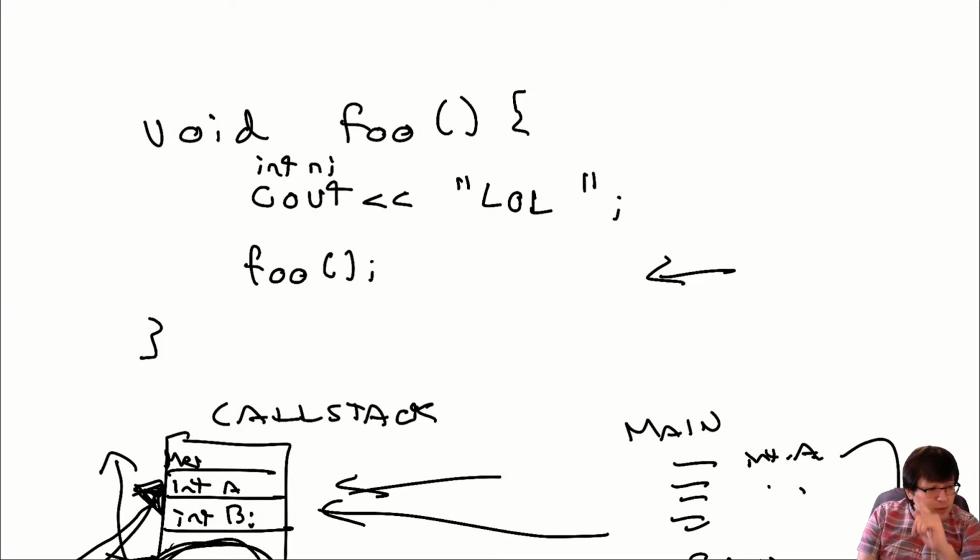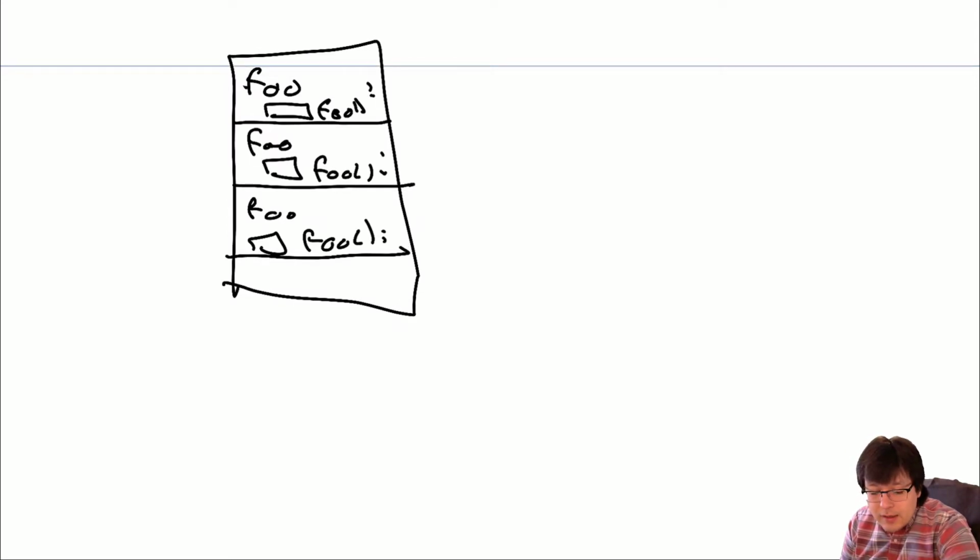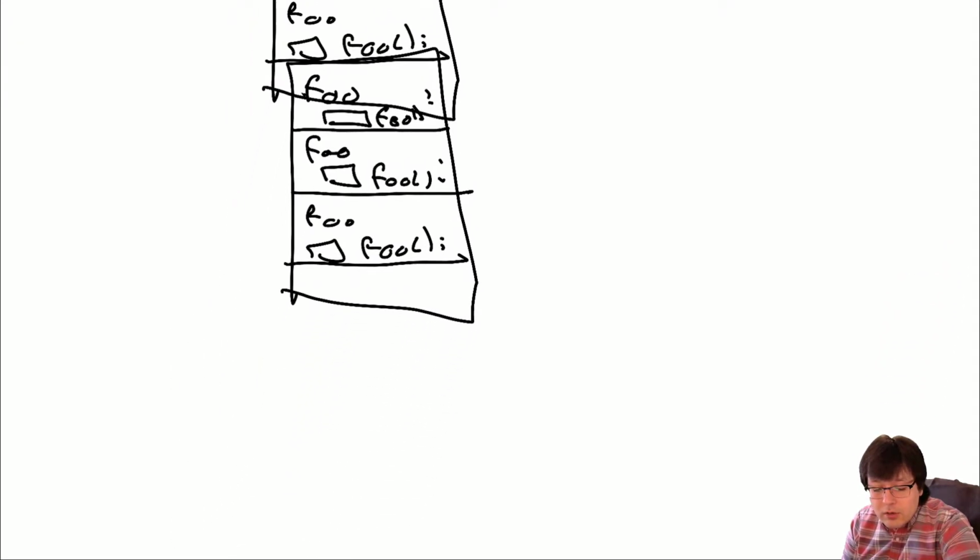But even without that, there's a little bit of memory associated with the foo call, because it needs to be added to the call stack so that it remembers. There are no parameters, and no this pointer because it's not a member function of a class, but a little bit of memory is allocated. So foo is going to keep calling itself, and keep growing the call stack.